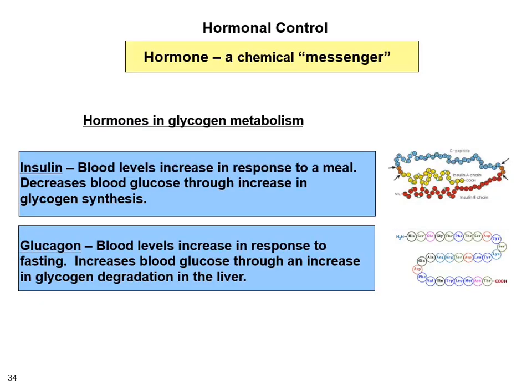To do that, let's first understand how the cell senses, or how the cell knows, whether we are low on sugar or have a lot of sugar in the blood. Remember, for instance, the liver cells just need to know if there's a lot of sugar in the blood; they're going to take it in and store it. If there's very little sugar in the blood, they're going to break down glycogen and release it to the blood.